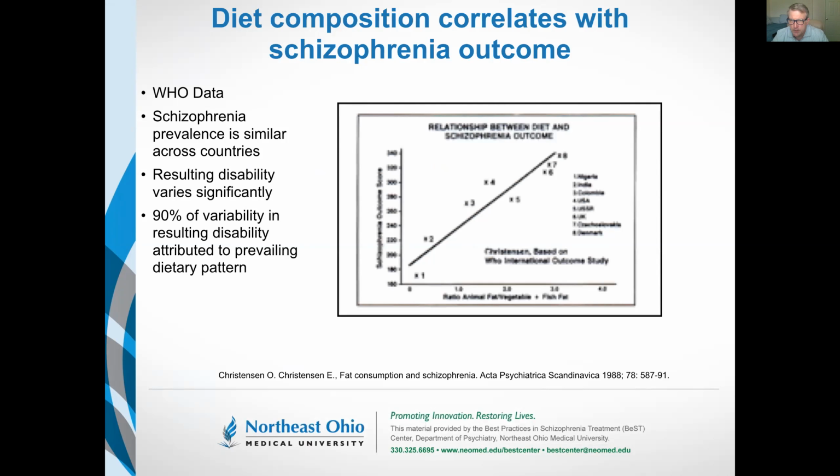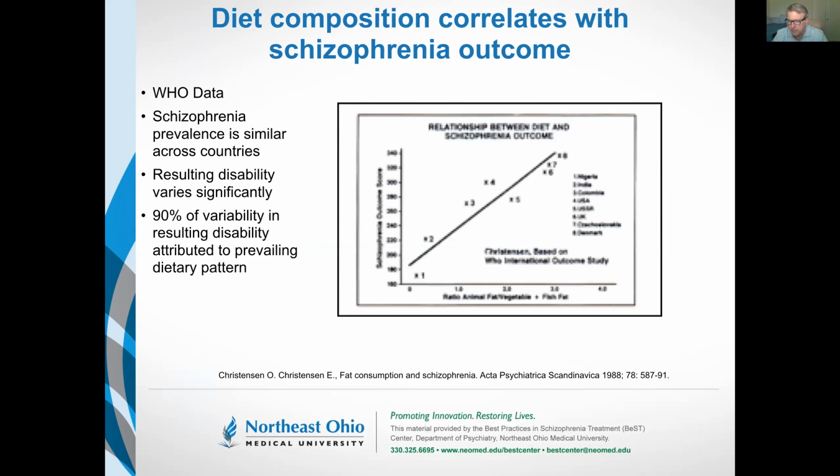The dots on the graph represent the WHO estimates of disability for each of 8 countries. Denmark was number 1, it's the lowest. United States is about number 2 or 3. Countries that have the best outcome or the least disability are Nigeria and India.